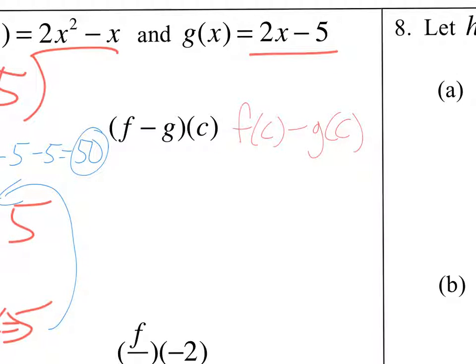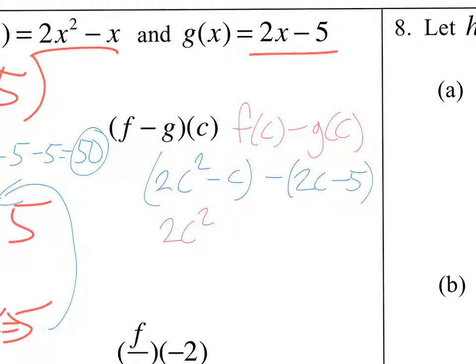So if I were to write this, I could write this as 2c squared minus c, and then minus 2c minus 5. When I combine my like terms, we get 2c squared minus c minus 2 more c is minus 3c, and then minus negative 5 would be plus 5.